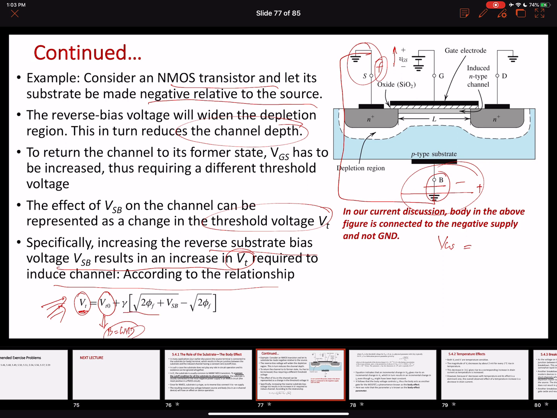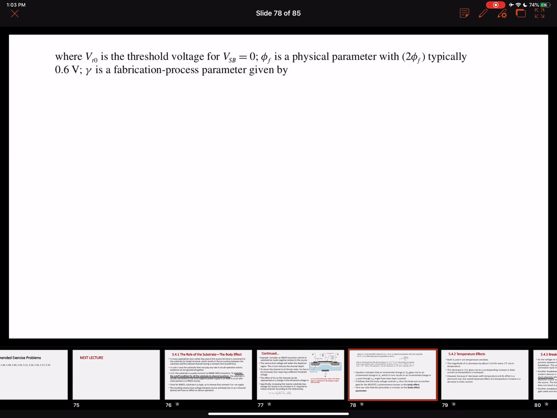And we have a bunch of these parameters that we are going to talk about. VT0 is the threshold value when the body was grounded. This phi f is a physical parameter and is approximately equal to 0.6 volts depending on the fabrication processes. And gamma is also another fabrication process parameter, which is shown by this equation, right?